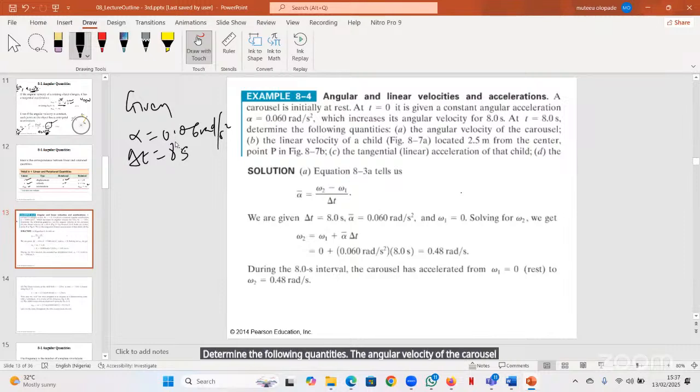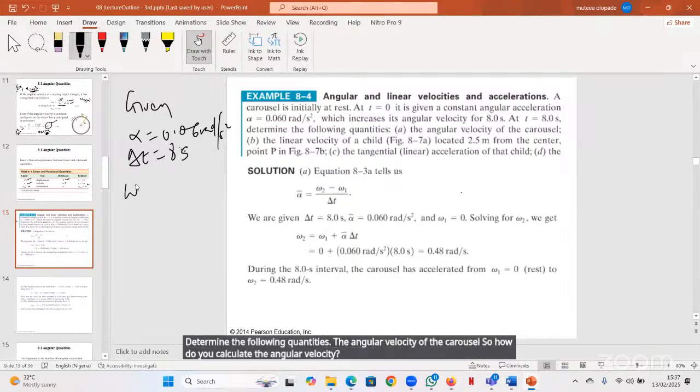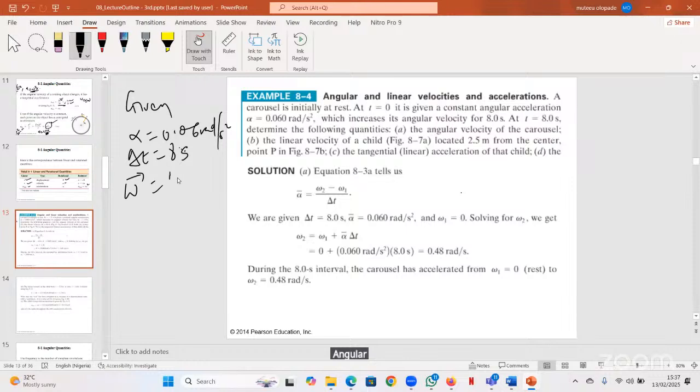So how do you calculate the angular velocity? Angular velocity is equal to the displacement divided by time. So from here now, it's quite easier for us to move on. So we have the acceleration.